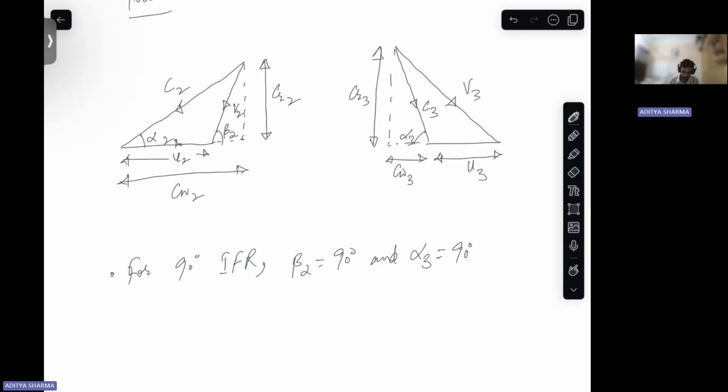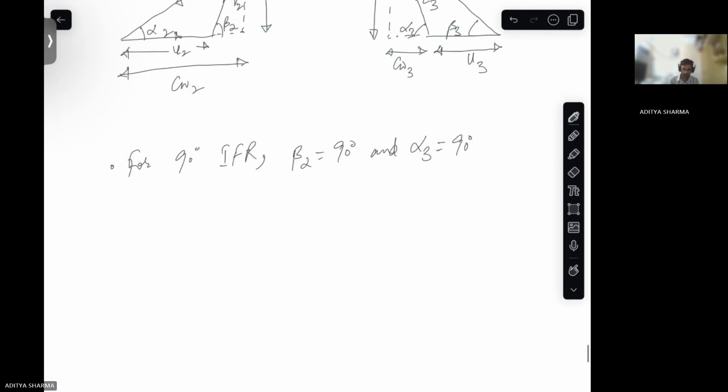Alpha 2, this is beta 3. Okay, so this is there.